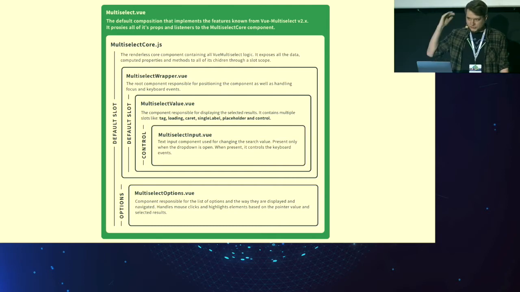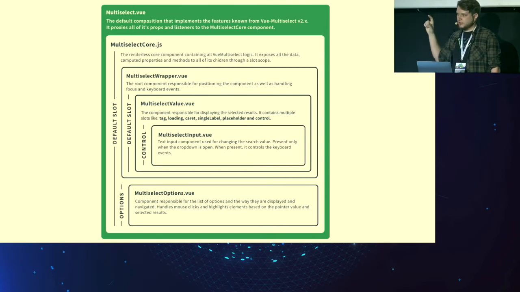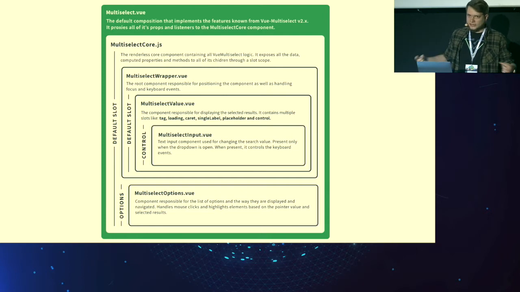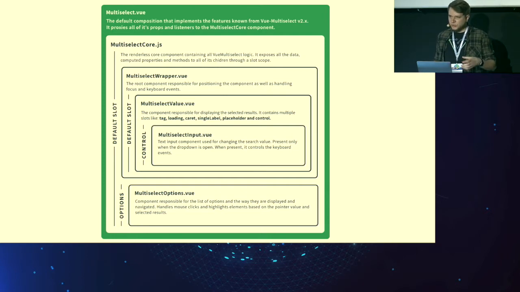But then those smaller components also have slots. So you can pass slots to the slots that other components wrapped inside a slot can expose to you. So this is what you can do.